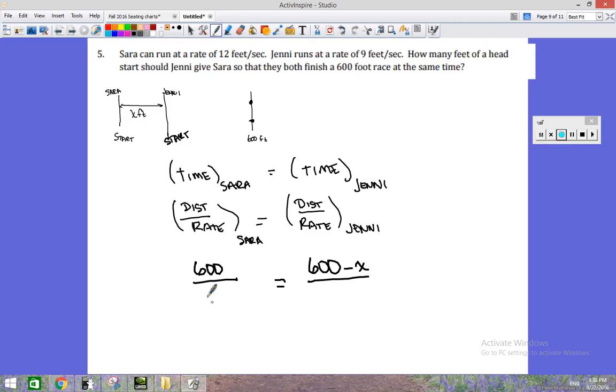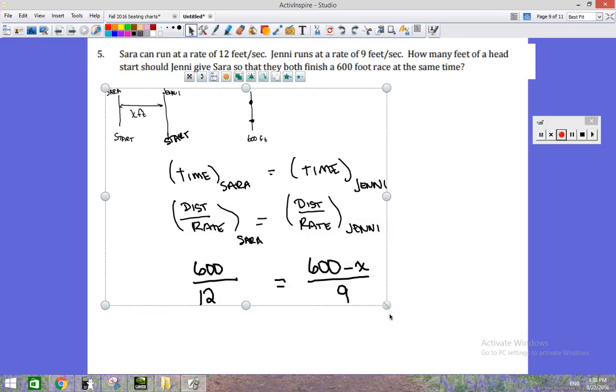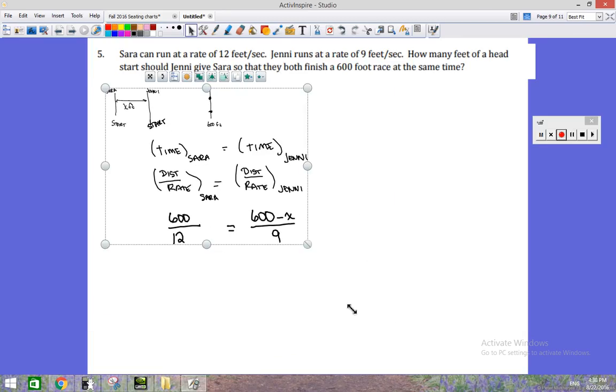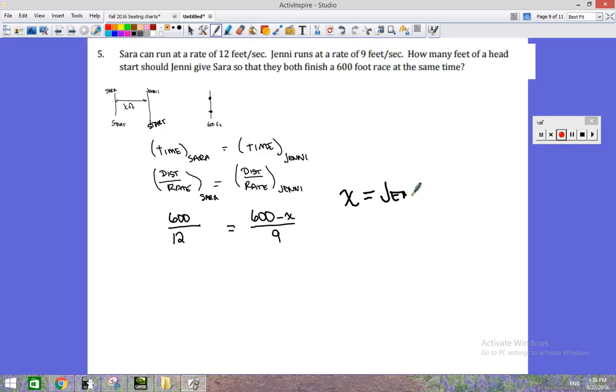Now the rate of Sarah is 12 feet per second, and for Jenny it's slower at 9 feet per second. So now we have one equation, one unknown, and our x variable is the head start. x is Jenny's head start, and that's in feet.